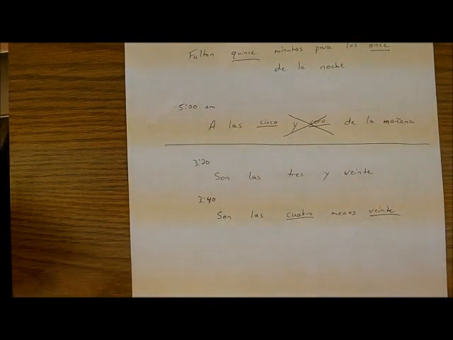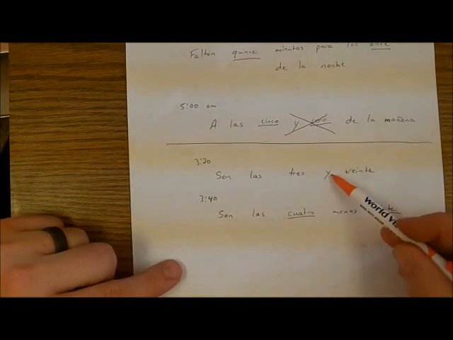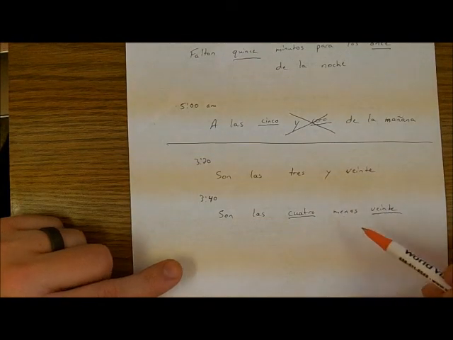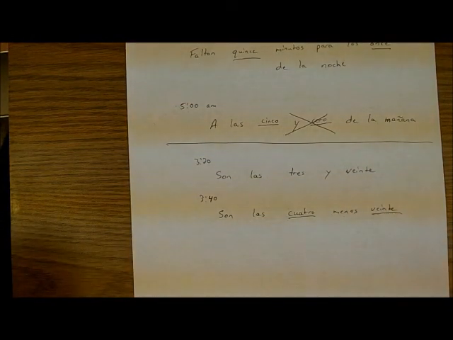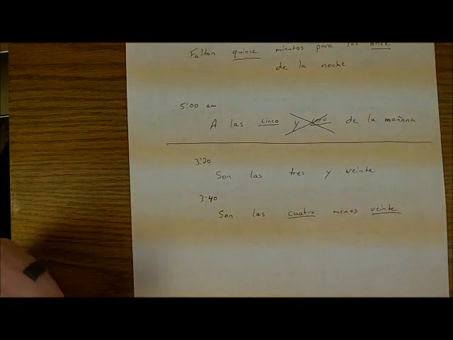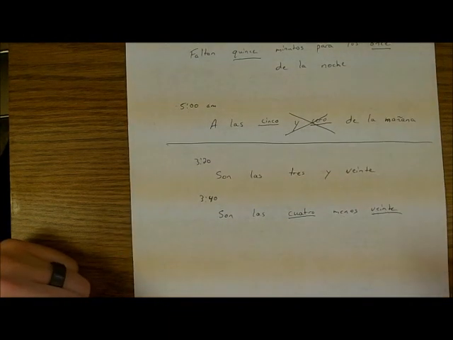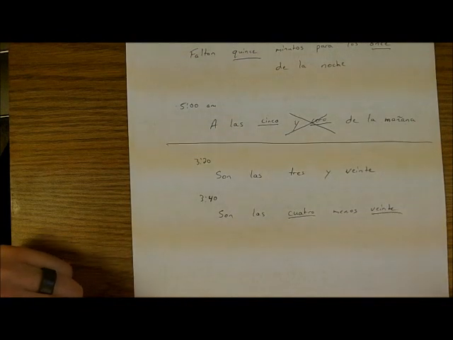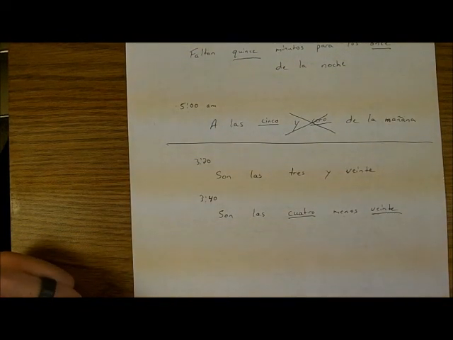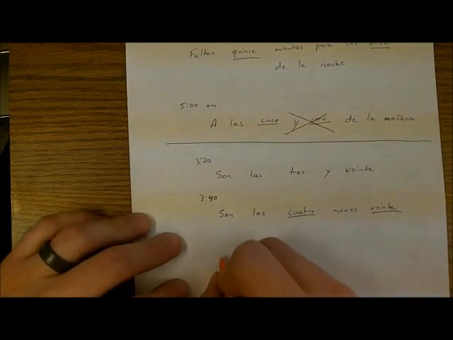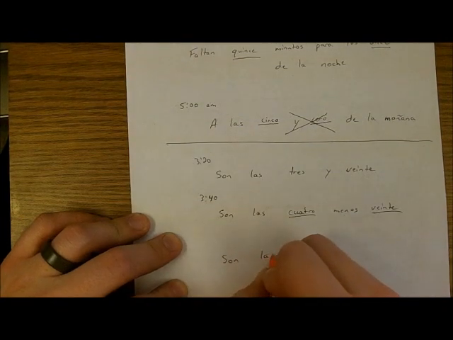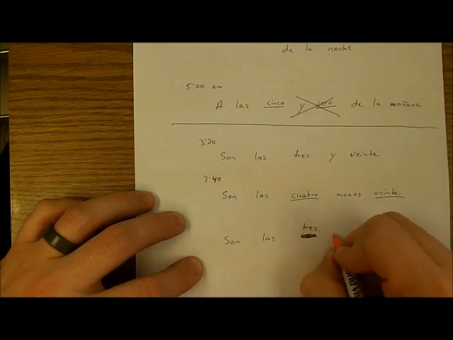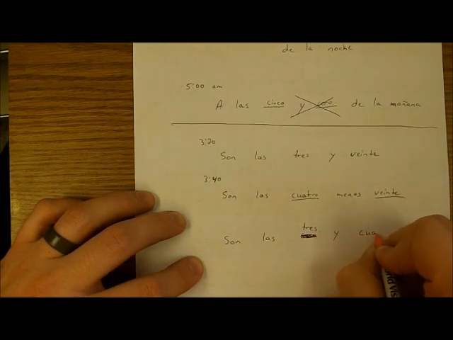So if you've been working with math, it really helps you out, because we know "y" is technically a plus and "menos" is technically a minus sign. So if that helps you out in terms of your textbook, that's great. Something we've also seen is that the younger generation is going to use "son las 3:40."